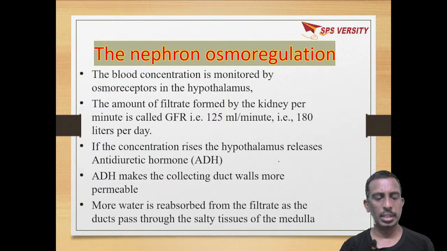So micturition is the passing of urine through the urethra when the urinary bladder is filled, with the signal received from the central nervous system.